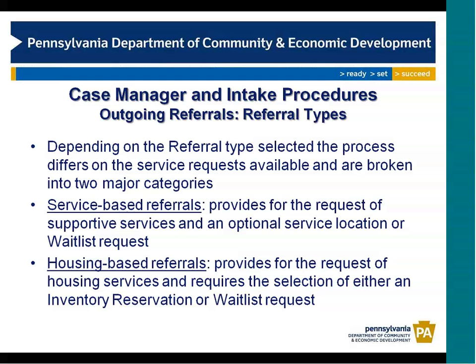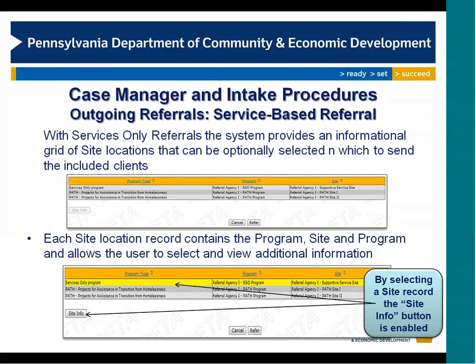And then there are the housing-based referrals, in which the clients are looking for housing. When that's selected, it requires the clients to either be placed in a reservation or be put on a waitlist request. So you basically need to do something to try to get those clients housing before you send the referral itself. We'll break those down coming up next and start with the service-based referrals.